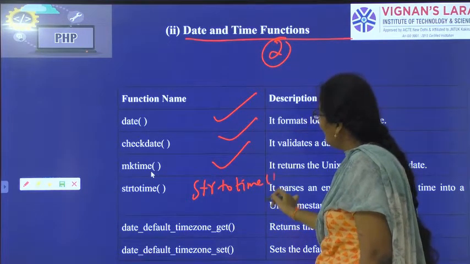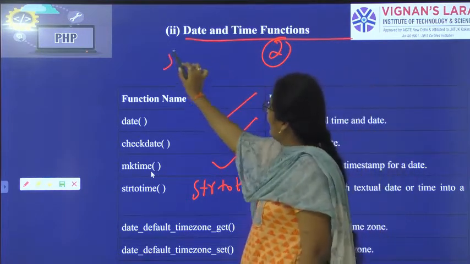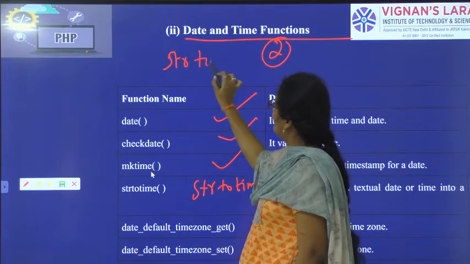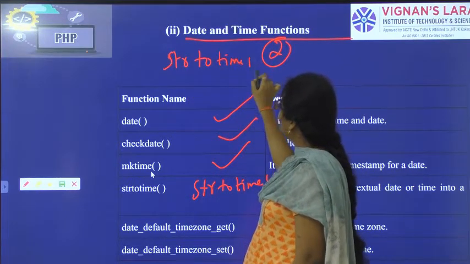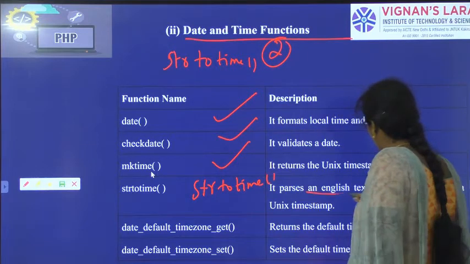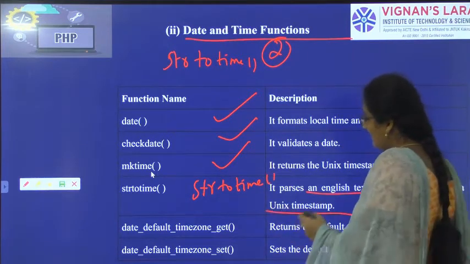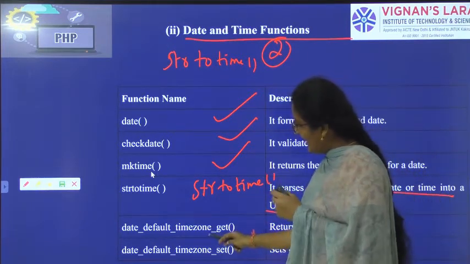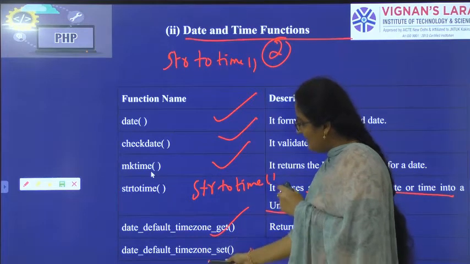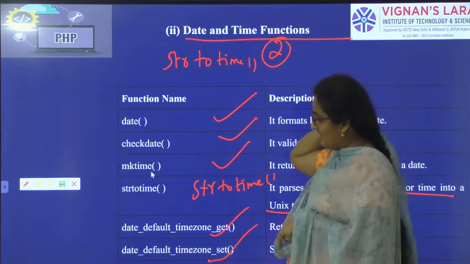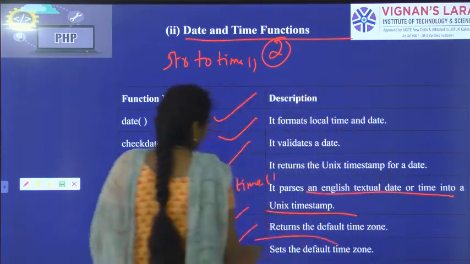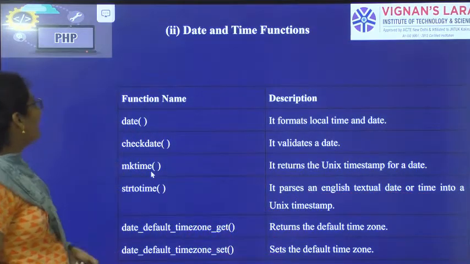We have the function strtotime, which is used to convert the English date and time to a Unix timestamp. And lastly, date_default_timezone_get and date_default_timezone_set. These two are used to return or set the default time zones.